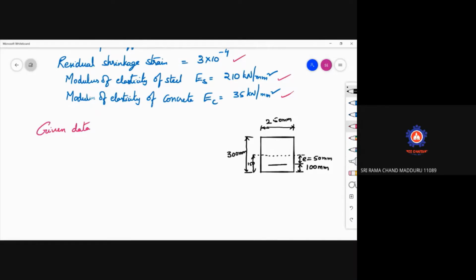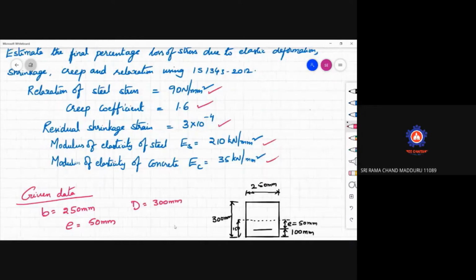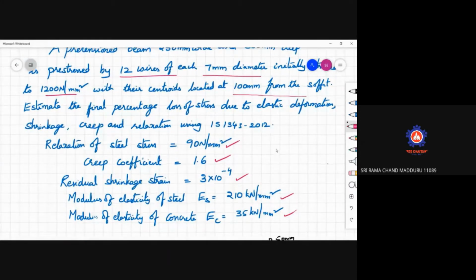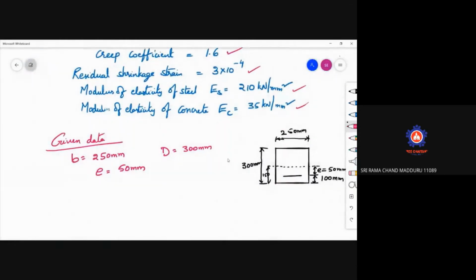So write down the given data here. B is equal to width of the beam, B is equal to 250 mm. Depth of the beam is equal to 300 mm. Eccentricity E is equal to 50 mm. Now, it is said that the wires are 12 in number and each having 7 mm diameter.